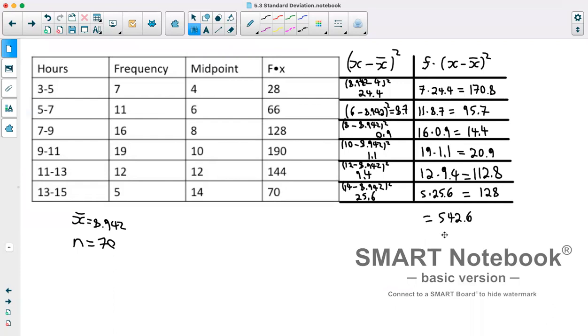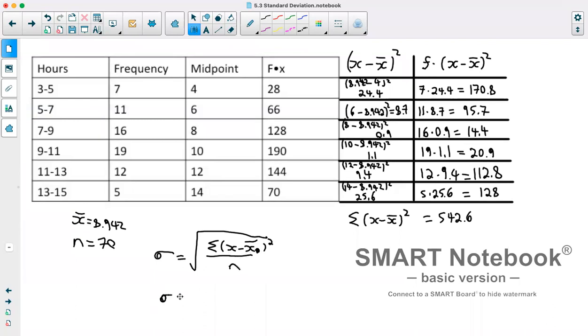Now essentially this here is going to be equal to essentially our sum of x minus our mean squared. So when we have our standard deviation, it is equal to a square root of the sum of x minus x bar squared over n.